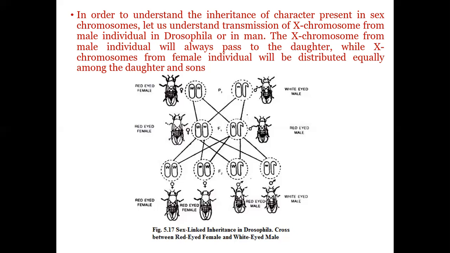However, of the F2 offspring, all the females are red, whereas half of the males are red and half are white. The females are of two kinds genotypically.